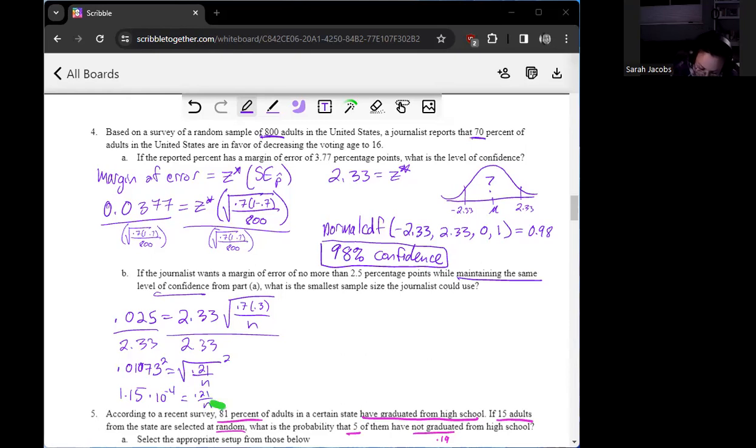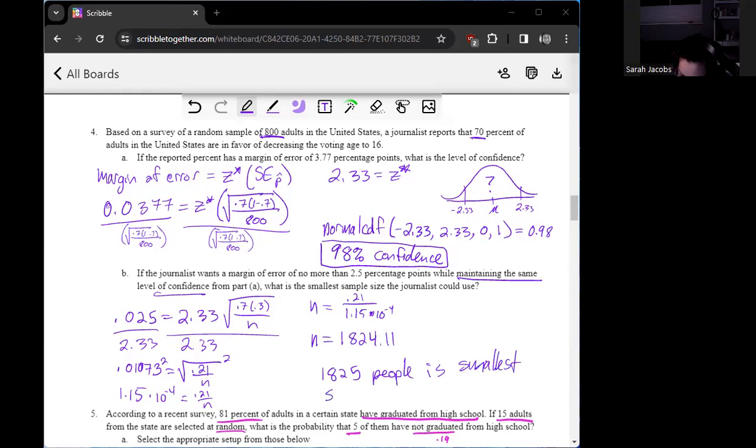I know that this n and this number are going to switch spots, so n equals 0.21 over 1.15 times 10 to the negative 4th. And n should be 1824.11, but we don't want 0.11 of a person. So we should say 1,825 people is the smallest sample size.